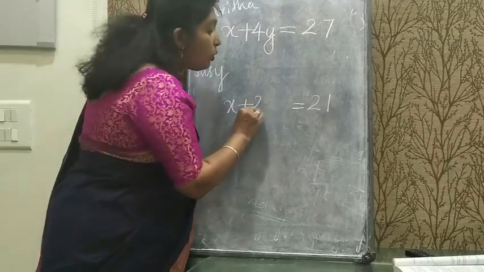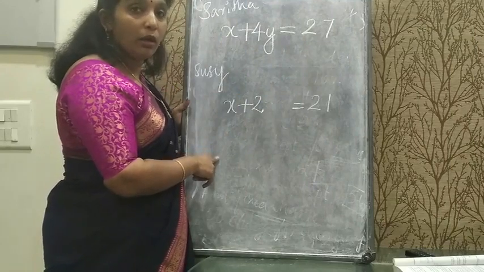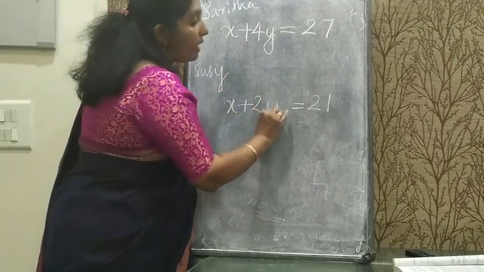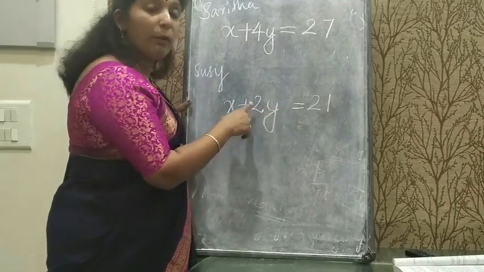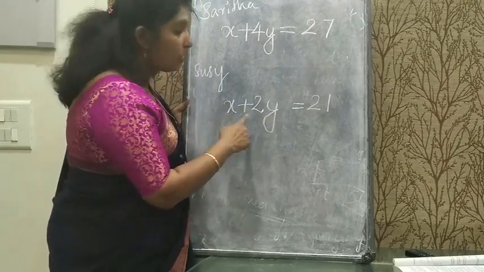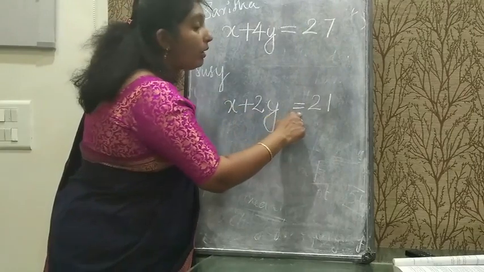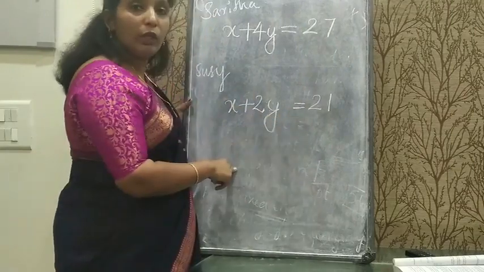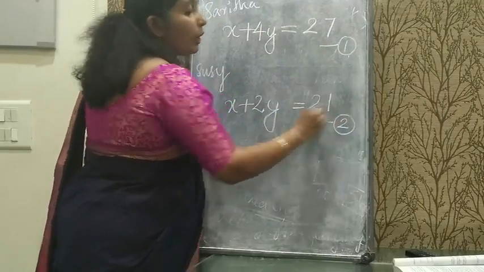So for 2 days she has to pay the extra amount, which we assumed as y per day. So for 2 days she will pay 2y rupees, and for 3 days x rupees. So the total is x plus 2y, which we know is 21. So this is the first equation and this is the second equation.